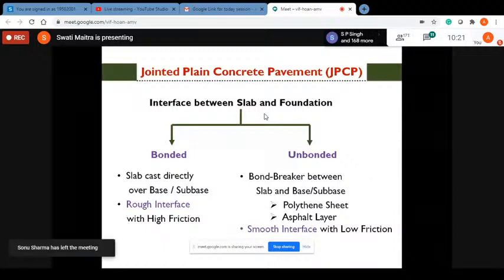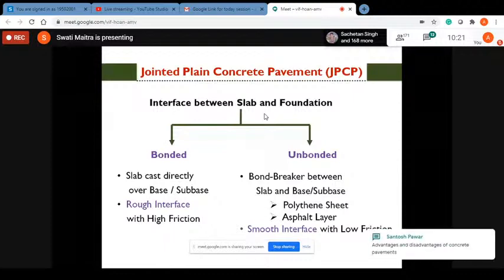Whereas in case of unbonded interface, it is only the concrete slab that is responsible for taking the load, and the underlying base layer doesn't contribute because there is a bond breaker. So in this case, comparatively, the thickness requirement is more. But this is advantageous to take care of the seasonal temperature variation or daily temperature variation even.